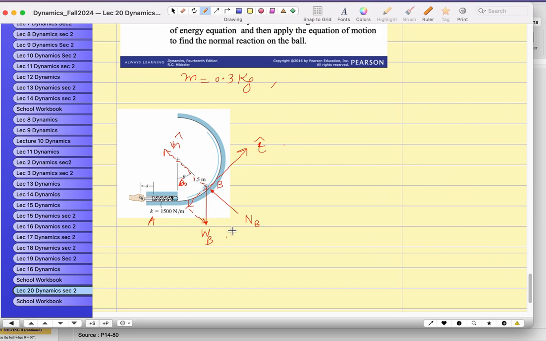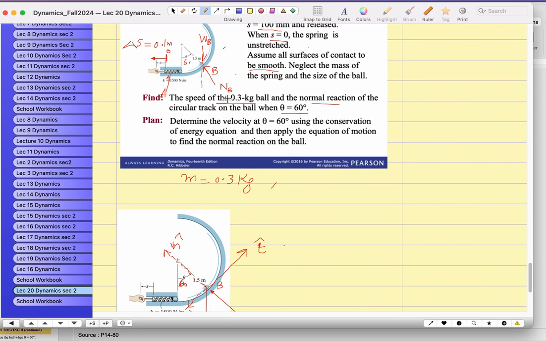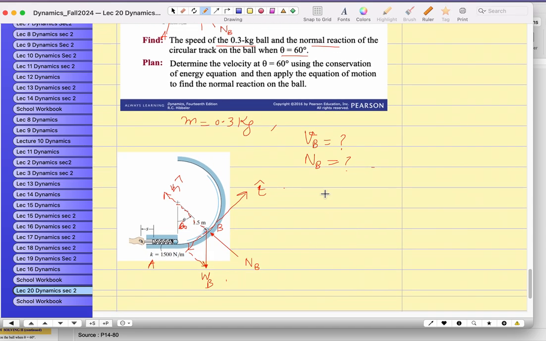So can you resolve this weight force into normal and tangential components? The question states you have to find out the speed of the ball at location B, and you have to find out the normal reaction. And we know the energy conservation principle between the two positions, T sub A plus V sub A equals T sub B plus V sub B. Now I'm going to draw the datum line passing through position A. That will solve a lot of problems here.